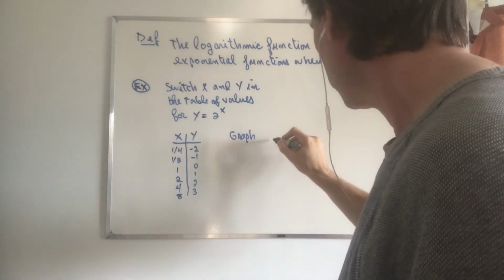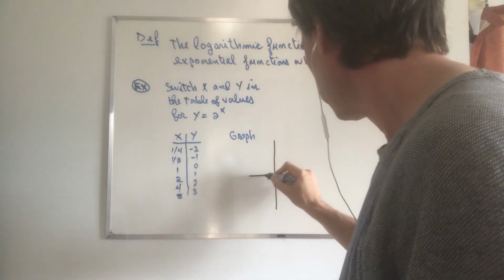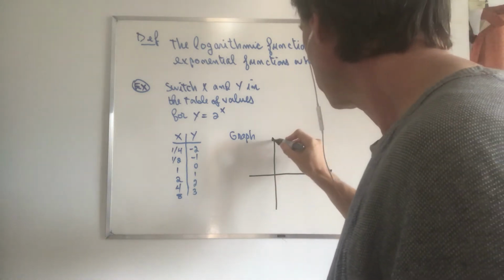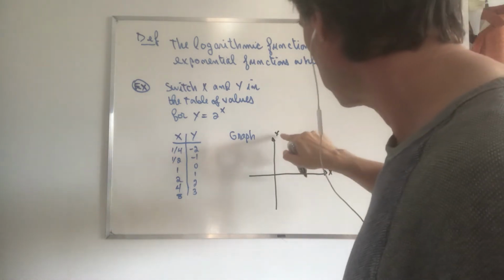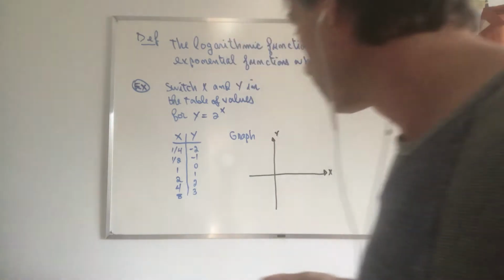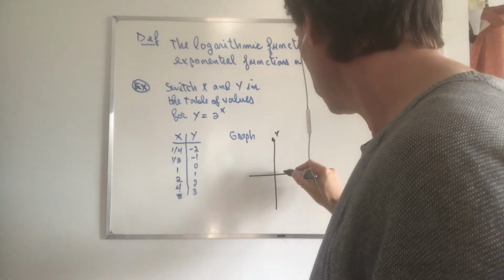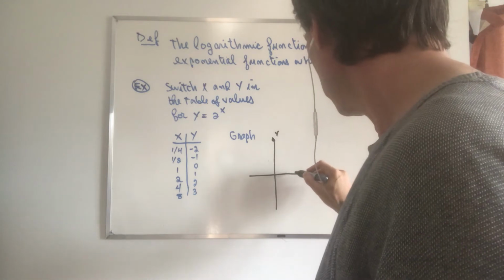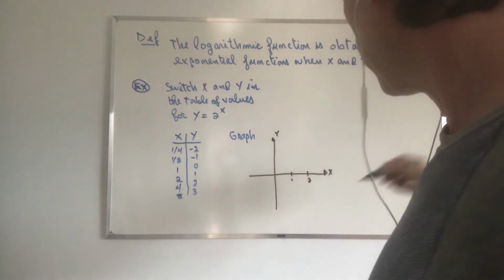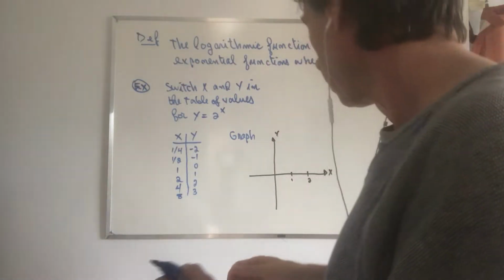We are going to get something like this. Here's an x, here's a y, and let's give ourselves a couple of quarters. So say 1 is here, say 2 is here, 4 and 8 are far on the other side.